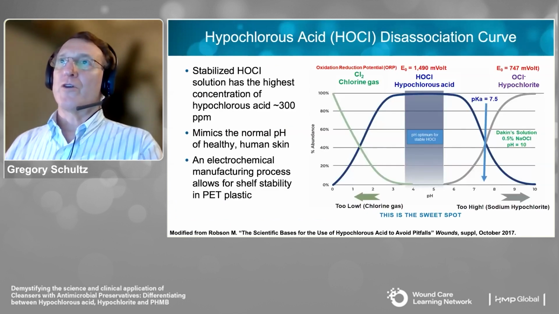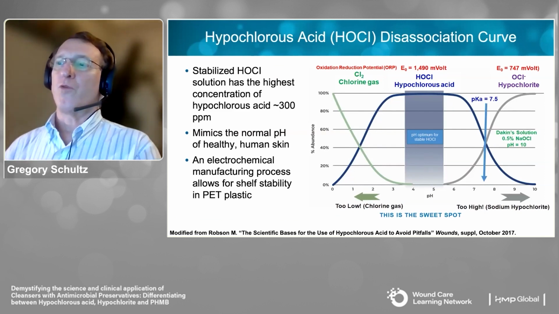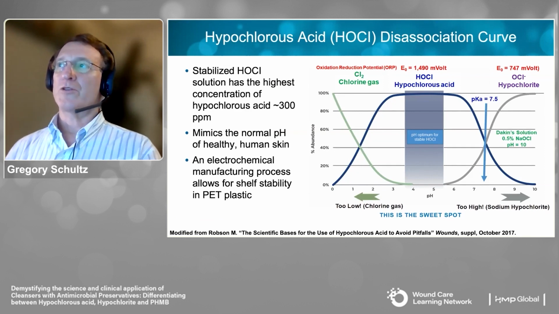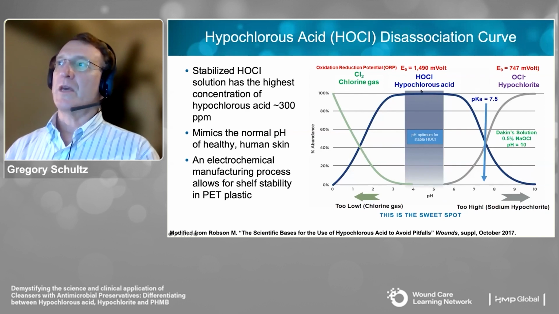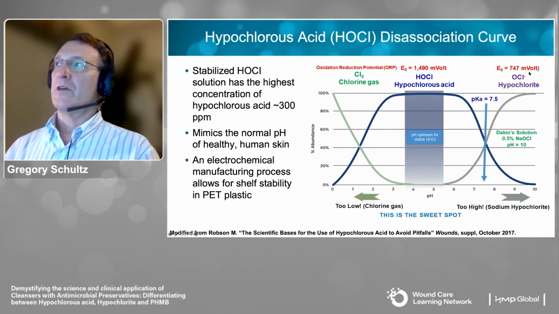It's also critical for us to understand the chemical formulas and structures that exist for hypochlorous acid at different pH. As you can see in the middle portion here, the pKa of hypochlorous acid is about 7.5, which means that at that pH, half of the hypochlorous acid has deprotonated and become the hypochlorite anion.